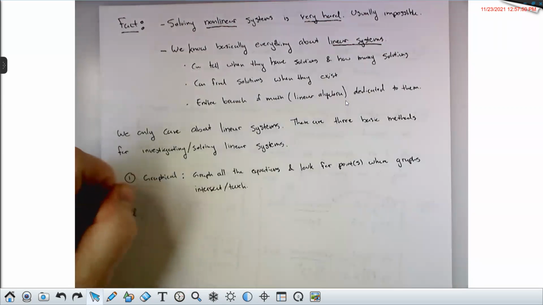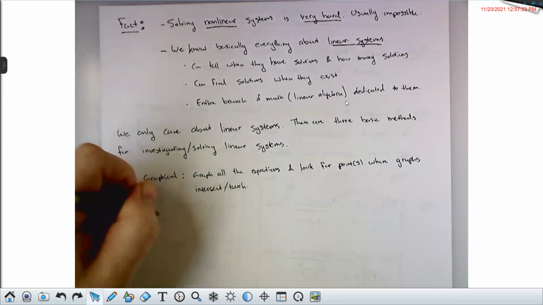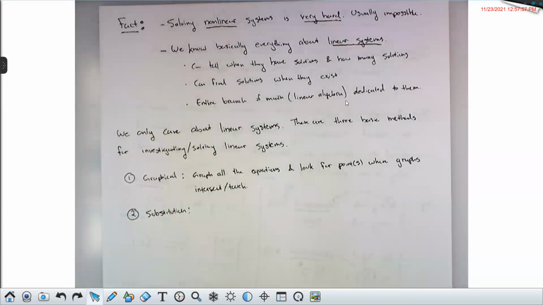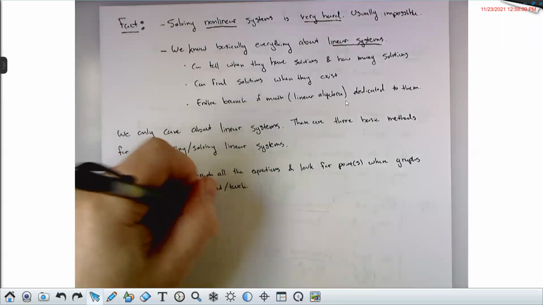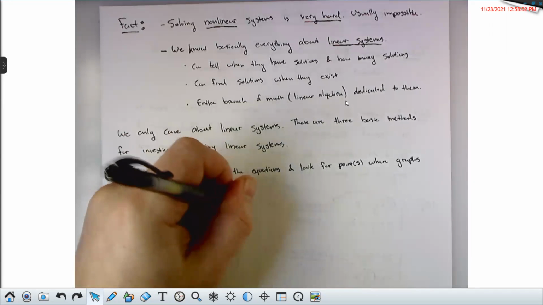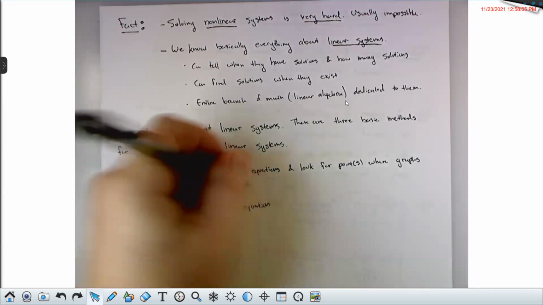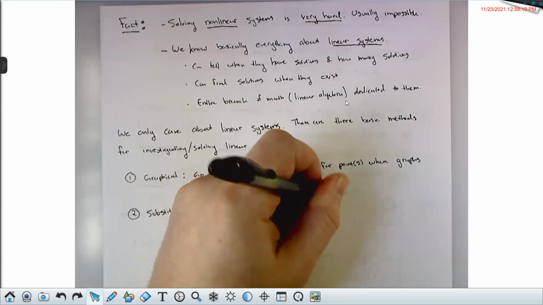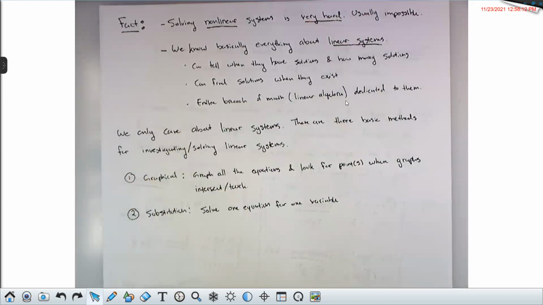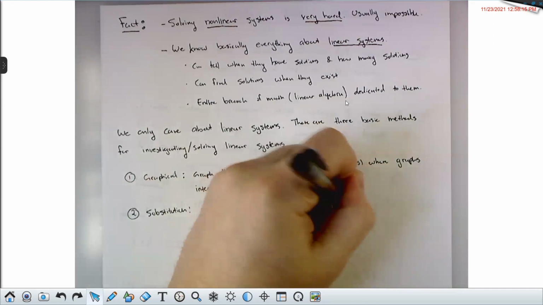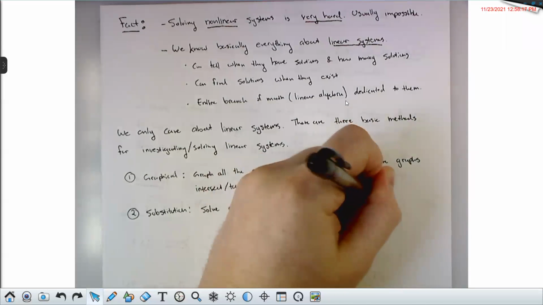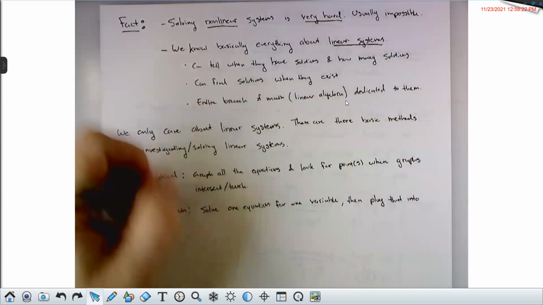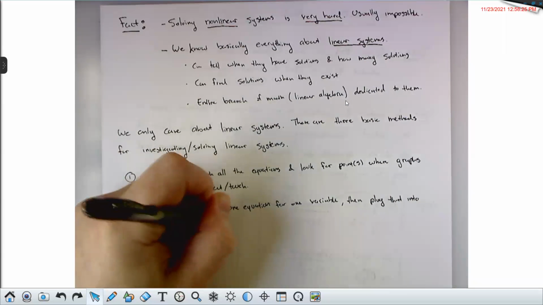The second method, one you're probably familiar with from high school, is called substitution. This is where you solve one equation for one variable, and it'll be in terms of the other variable. Then plug that expression into the other equation or equations.